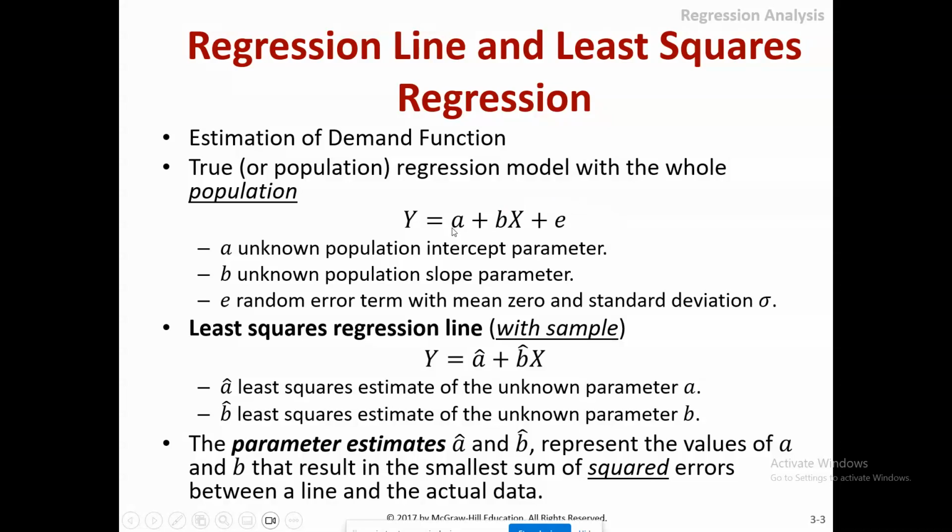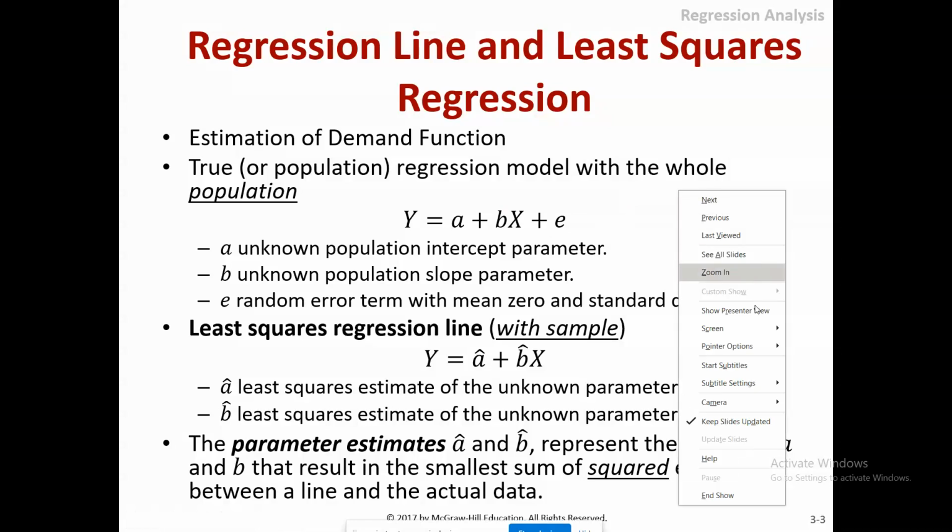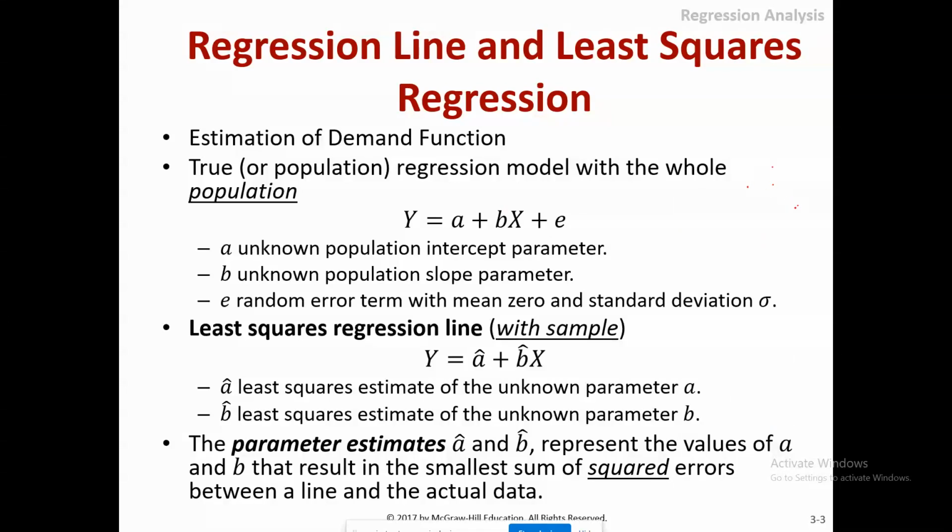So what does that mean? In the real world, we don't know the whole population. The whole population is unknown. Imagine this is a population of all the possible x and y combinations. Every dot over here is an x and y combination.